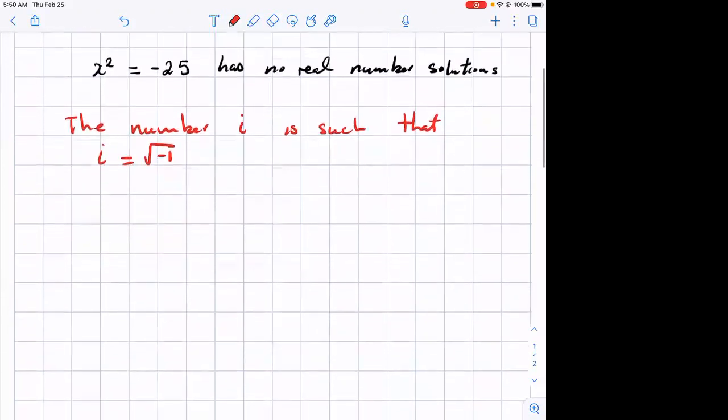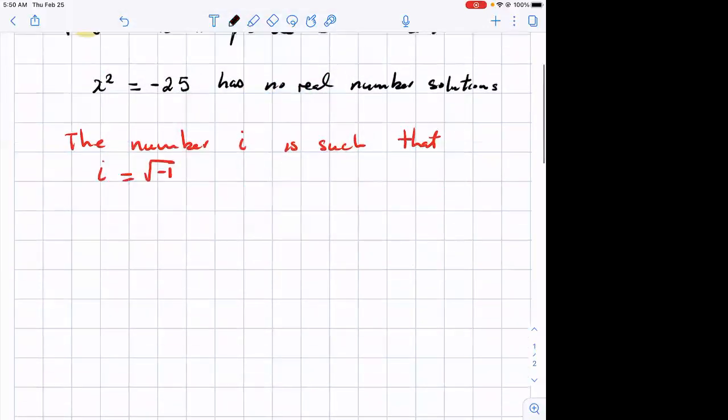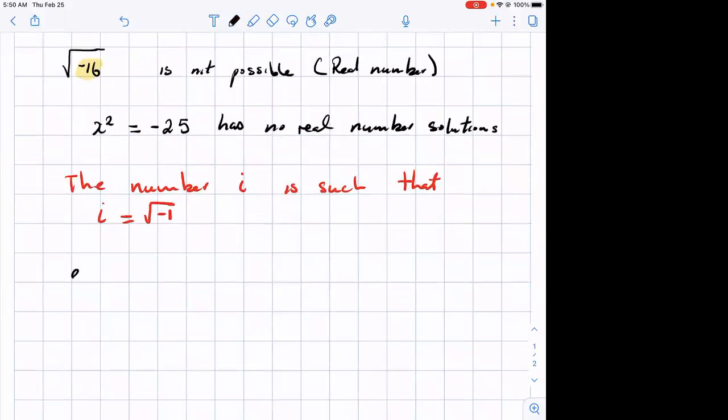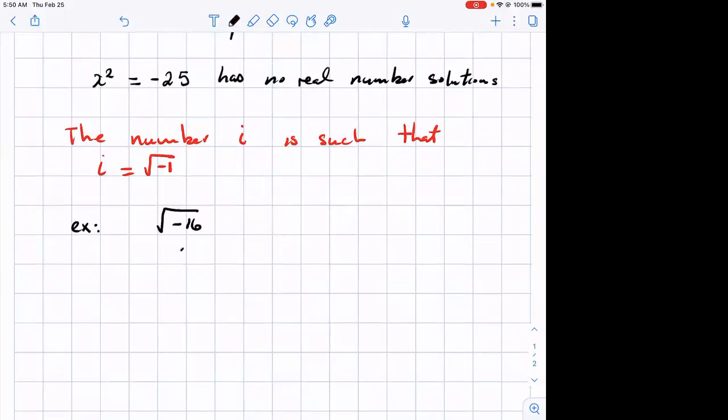And if you don't quite see what I'm saying yet, let me go back to my example, the square root of negative 16. What I will do is take out the negative, so I will break this into two roots: the square root of negative 1 times the square root of 16.